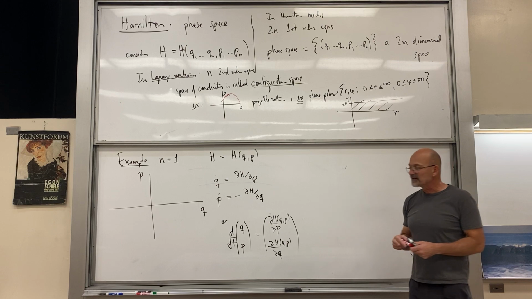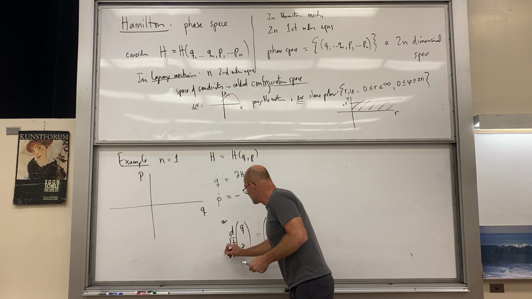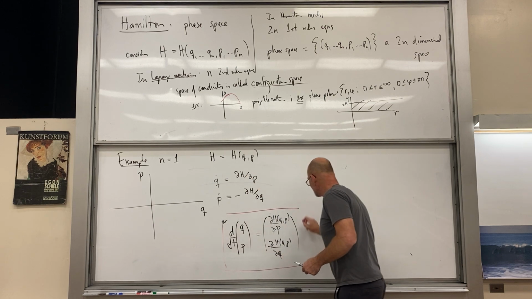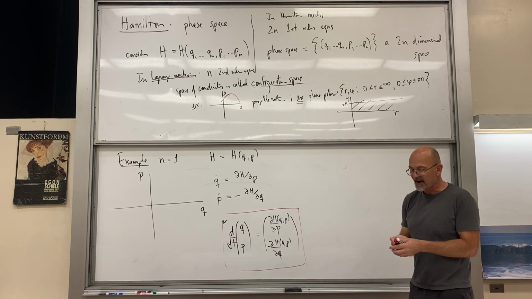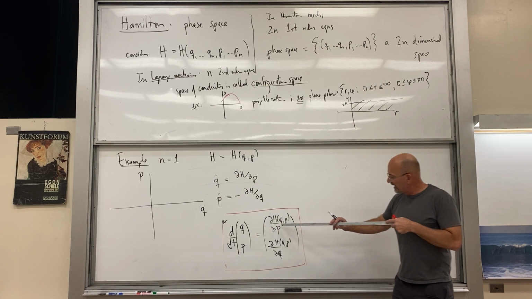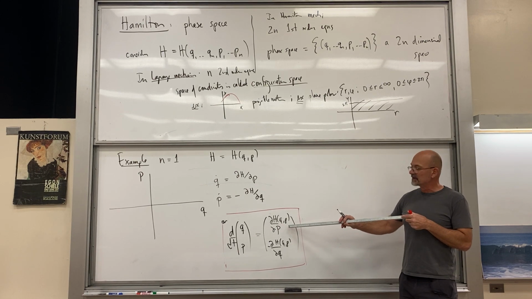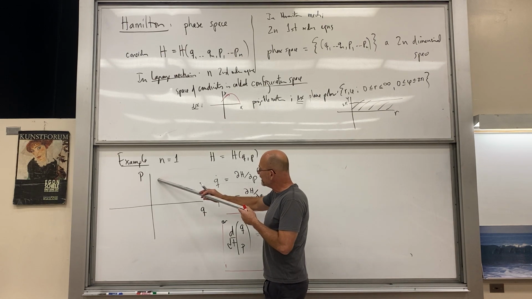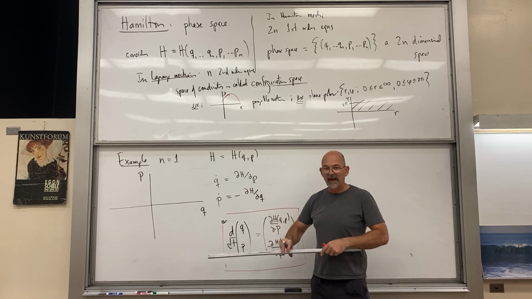So yeah, we have a differential equation expressed as a vector, but what this is, is a vector field. So the Hamilton equations generate a vector field on this phase space.